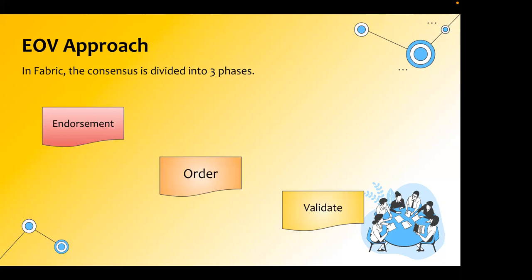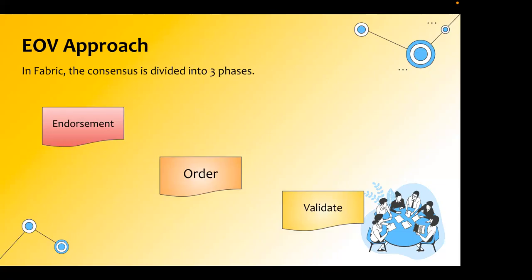Now in the endorsement policy, I have defined that I need at least one endorsement from each organization. One endorsement from org one, it can come from peer one or peer two, any peer is fine. One from organization two, one from organization three.